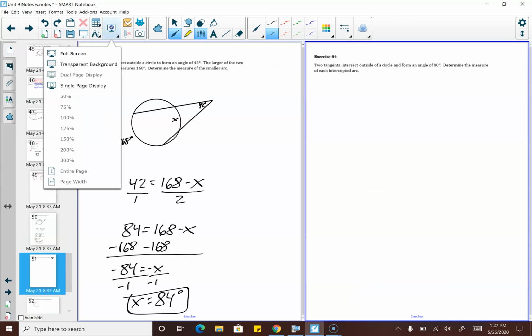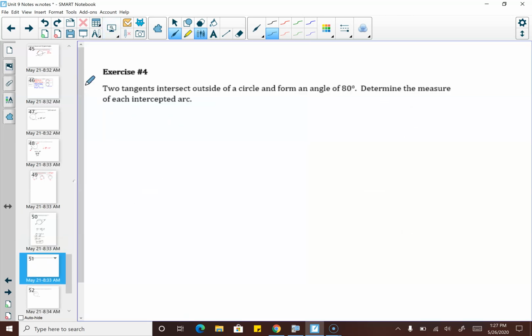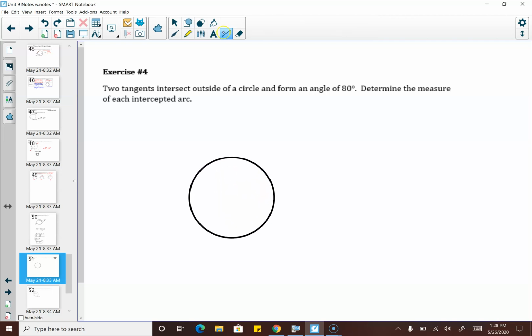As we go here to our next one, I'll go back to my single page here. 2 tangents intersect outside of a circle to form an angle of 80 degrees. Determine the measure of each intercepted arc. Now, these tangent ones can be a little bit tricky for a particular reason. So if we draw 2 tangents, they intersect normally kind of like an ice cream cone.